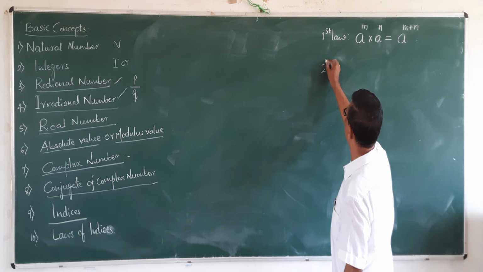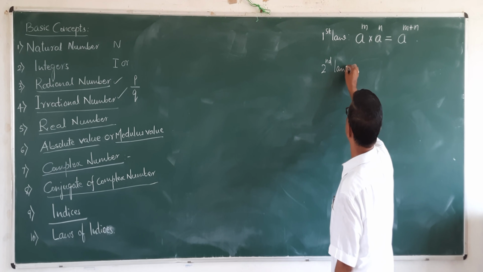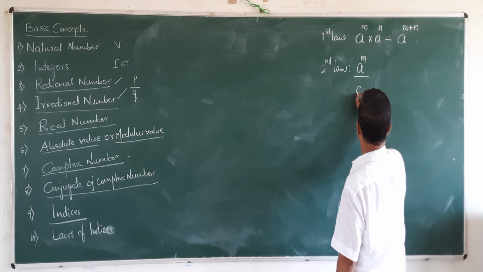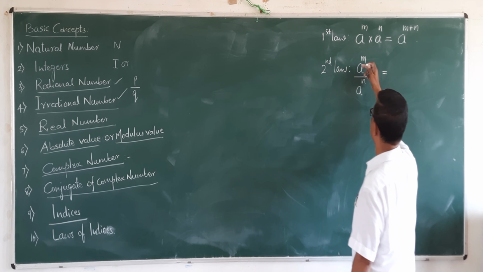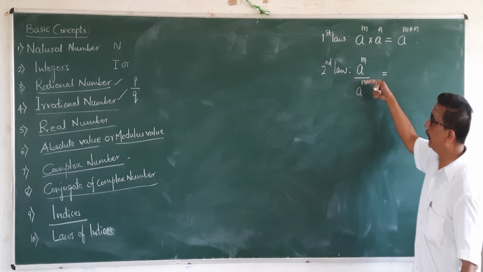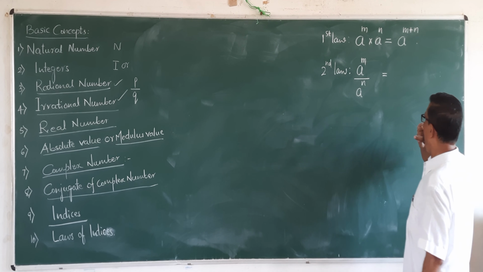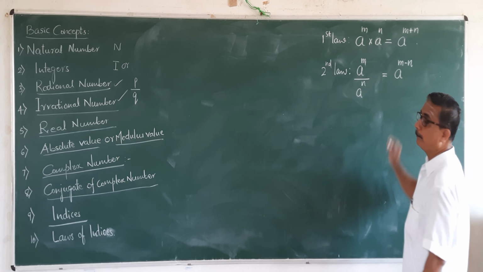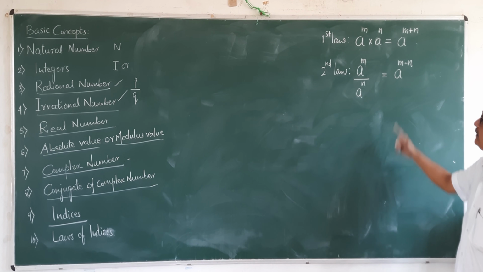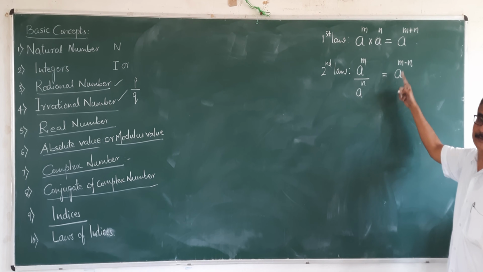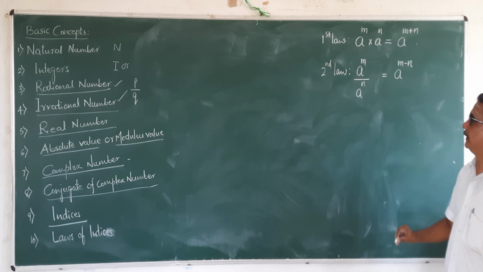The second law of indices says a power m divided by a power n. When dividing, again the base is the same and the power is different. Its value is a power m minus n. Remember, this is the second law.